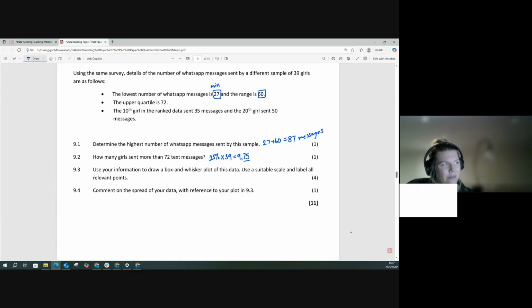And I can't have a portion of a girl, so I would say 9. No, because it's not quite 10. So if I round it up to 10, then I'm saying too many. So you have to round this one down because I can't have 0.75 of a person.